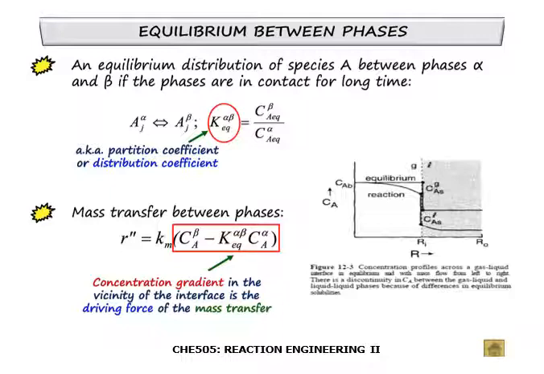In this slide we look at the theory of the equilibrium constant. An equilibrium distribution of species A between phases alpha and beta occurs if the phases are in contact for a really long time.